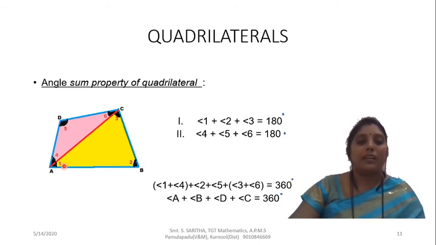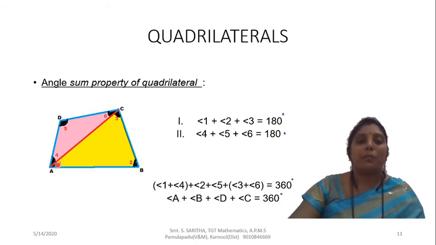From the figure, angle 1 plus angle 4 is angle A, angle 2 is angle B, angle 3 plus angle 6 is angle C and angle 5 is angle D. So angle A plus angle B plus angle C plus angle D is equal to 360 degrees.